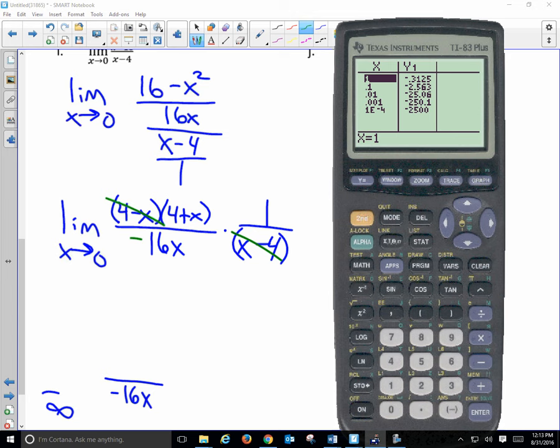If we want to approach 0, we will go negative 1, negative 0.1, negative 0.01, negative 0.001. So as you approach, what's happening to the values as you approach 0 from the left? It's getting ridiculously large.